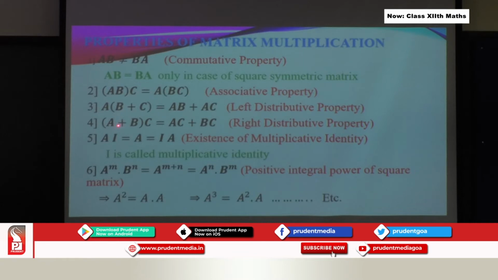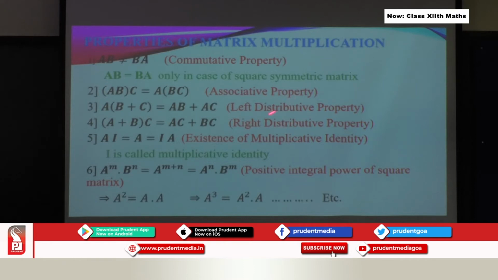So it is getting distributed over addition, and you are getting AB plus AC. It is getting distributed over addition from the left. That's why it is called the left distributive property.